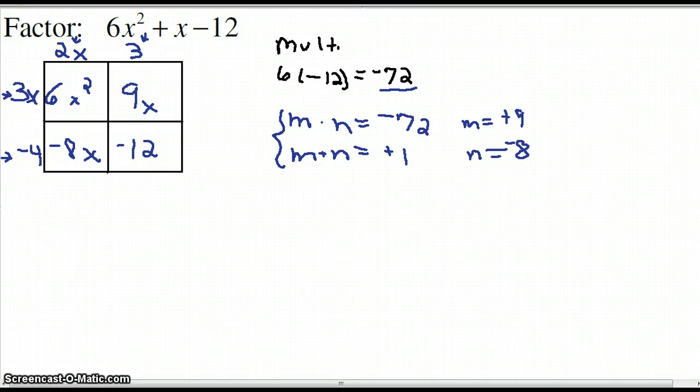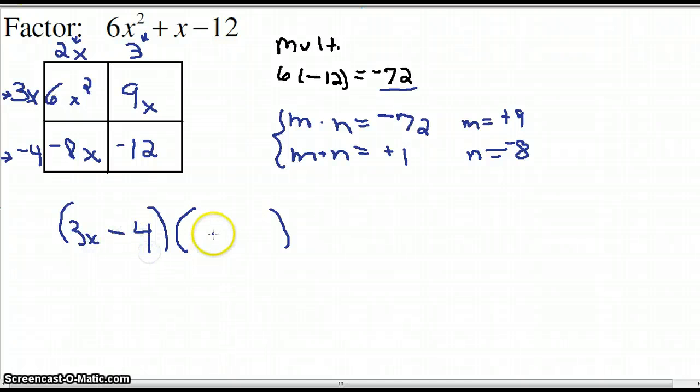And so, believe it or not, we are actually done. How does 6x squared plus x minus 12 factor? What we have factored out become the parts in the binomials that multiply to give you the original. We have 3x minus 4 and 2x plus 3.